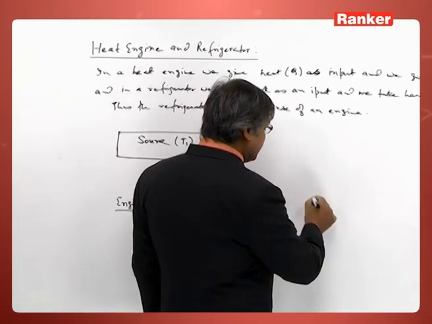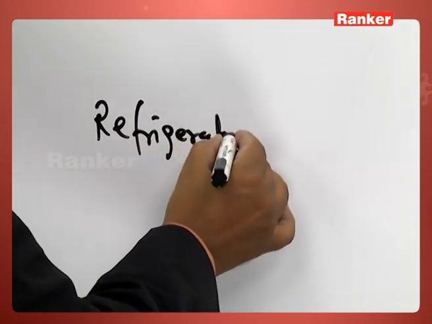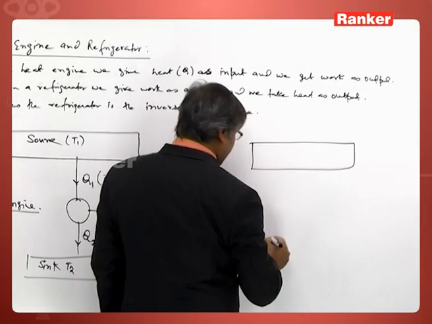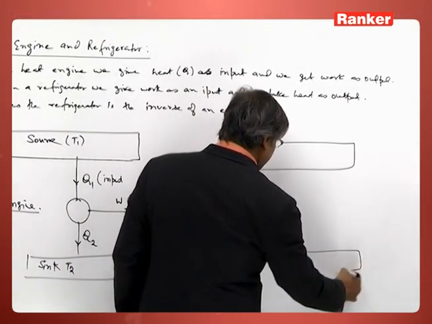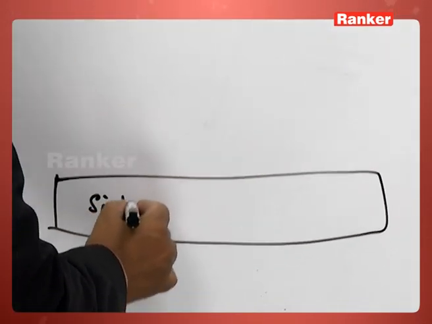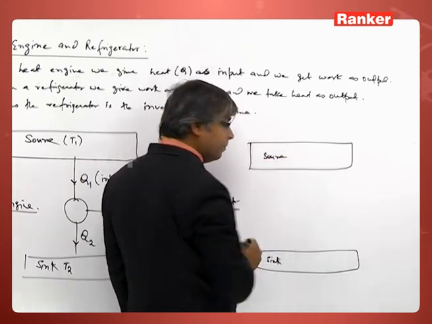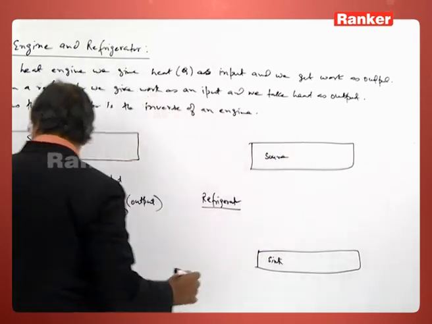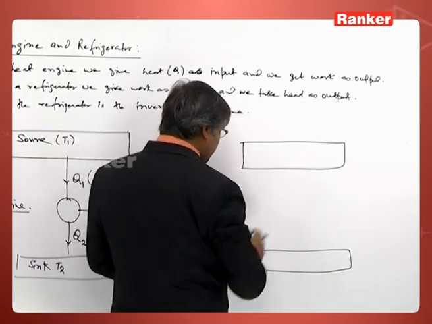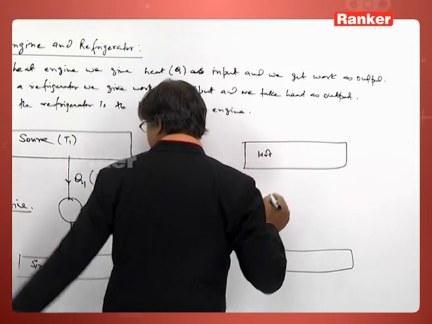Now let us see the refrigerator. So again, in a refrigerator, the correct terminology won't be source and sink. I will use something different here: this is the cold reservoir and this is the hot reservoir.